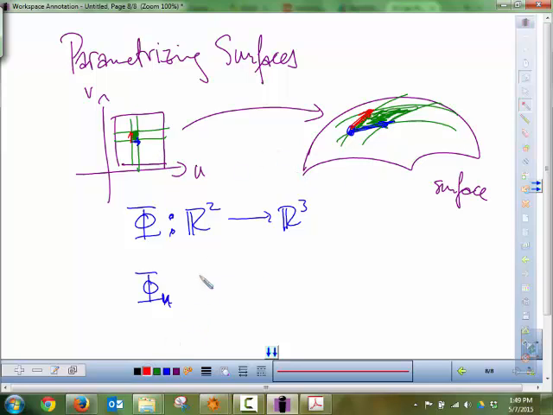And then the red vector is the derivative with respect to v. So these vectors over here, we can think about these vectors as the derivative of this transformation. Okay?